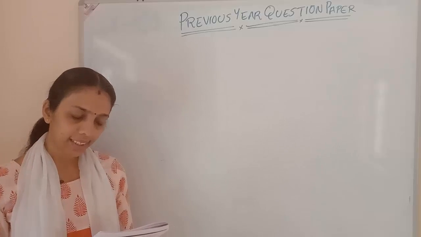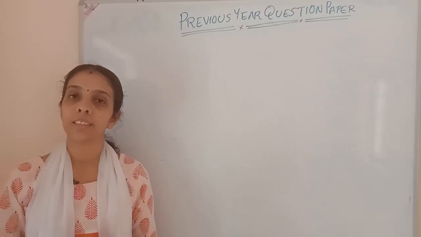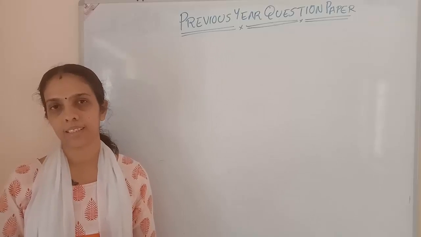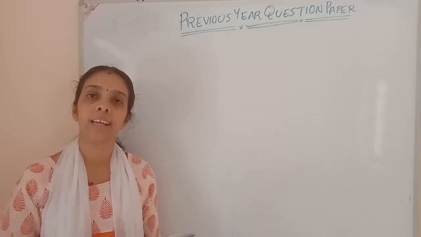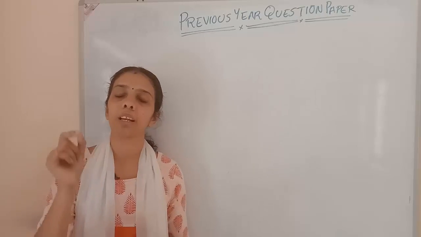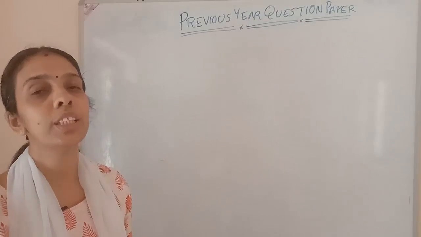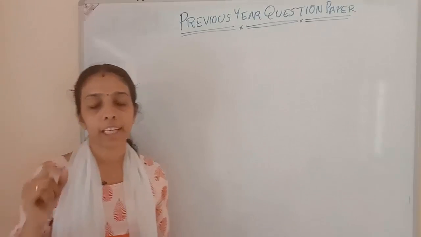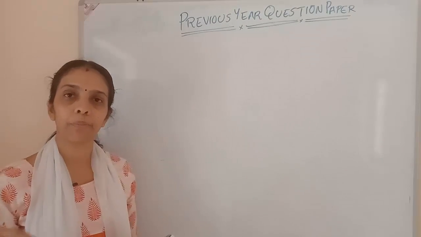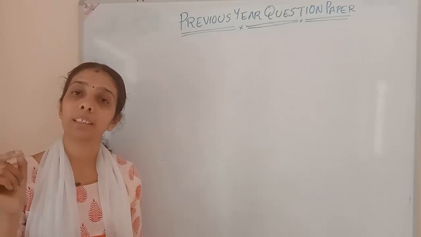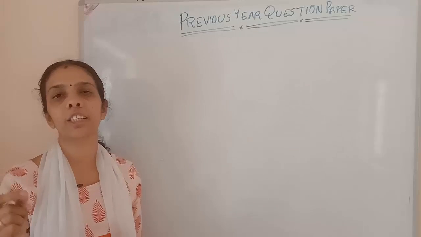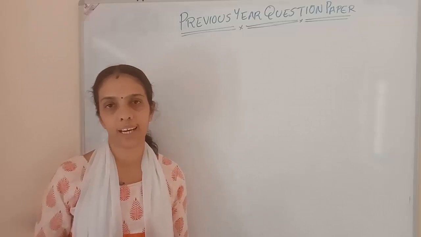Okay, so the next is define the term decay constant. What is the decay constant? It is the reciprocal of the time duration in which the radioactive nuclei becomes 1 by e times the initial radioactive nuclei.